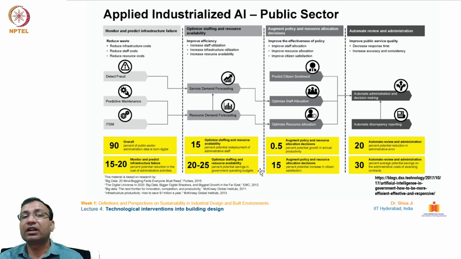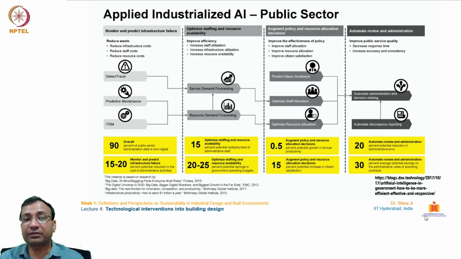Considering the huge budget and investment needed for maintaining and executing these infrastructure projects, even a smaller improvement in overall optimization, at the scale of 0.5%, will result in savings of multiple crores of rupees in the money invested in the public sector. Next, a 15% potential increase in citizen satisfaction is possible with these improved, transparent processes in public interaction.